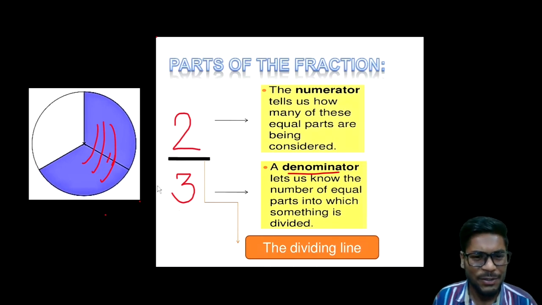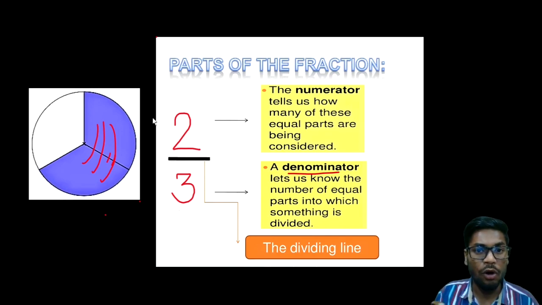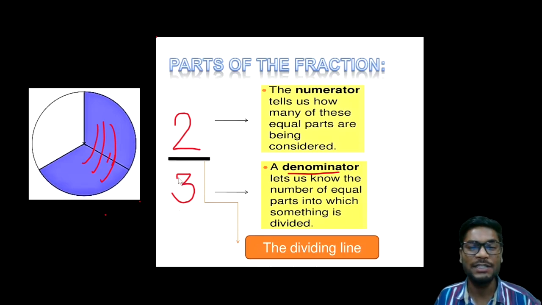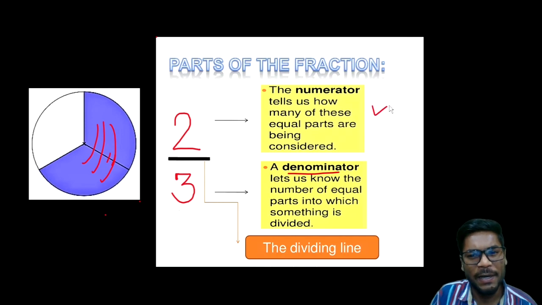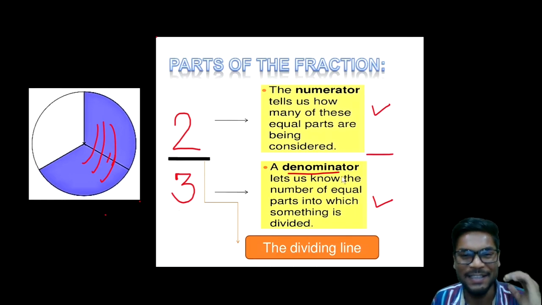So this 2/3 represents the portion of the total circle that is colored: out of 3 parts, 2 portions are colored. So remember student, a fraction consists of 3 quantities: the upper number called the numerator, the lower number called the denominator, and a line dividing them.